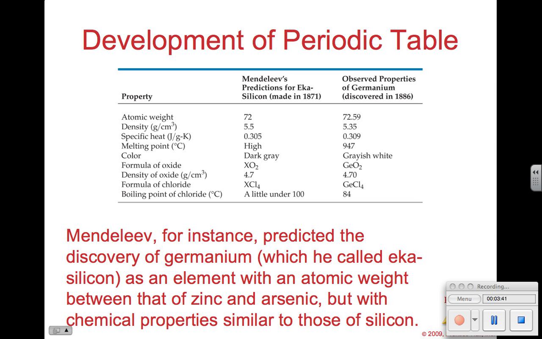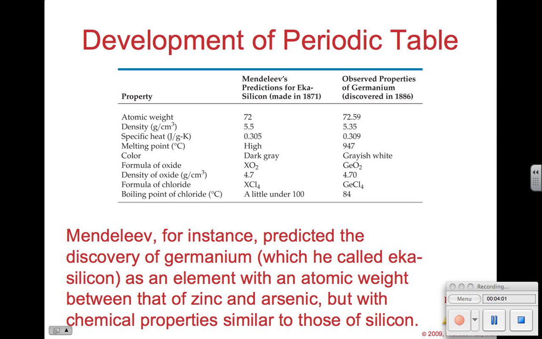He was able to predict its mass and some of its properties because of the column it would have been in. And lo and behold, later on it was discovered and found to fit right into that spot. Really cool.